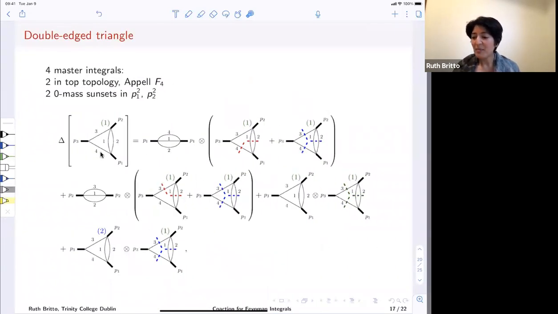Okay, our next example is this double-edged triangle. Here we have two master integrals in the top topology and two other ones, which are zero-mass sunsets.